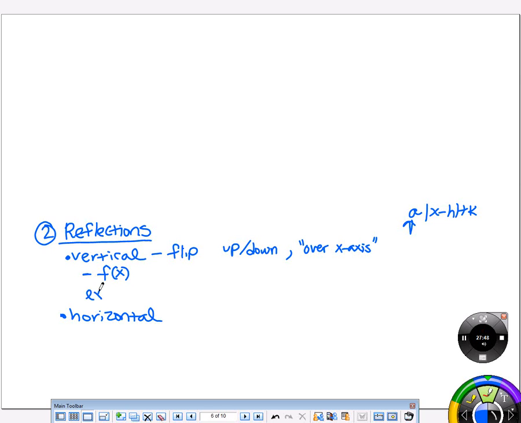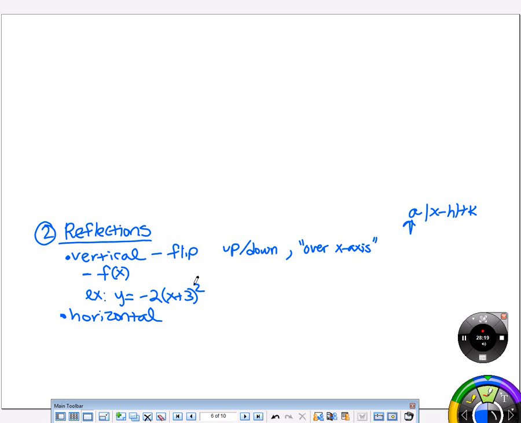Or, for example, in a parabola, if it had a negative 2 out here as like the A value, because it's negative, out in front of this part that's being squared, that's outside of the squaring, which makes it vertical. Because it's multiplying by a negative, that makes it a reflection. So that would be a vertical reflection. Okay. So multiplying by negatives causes reflections.